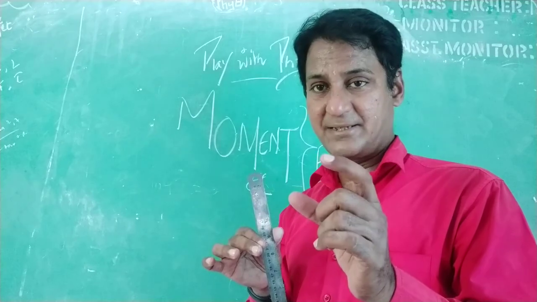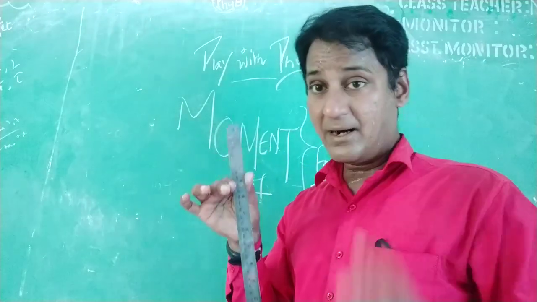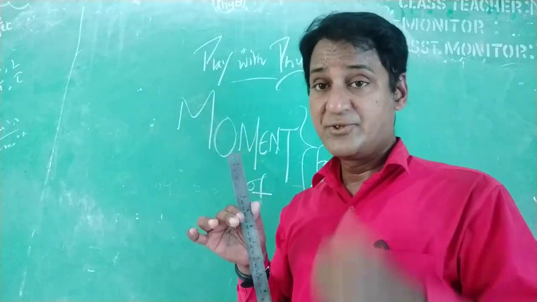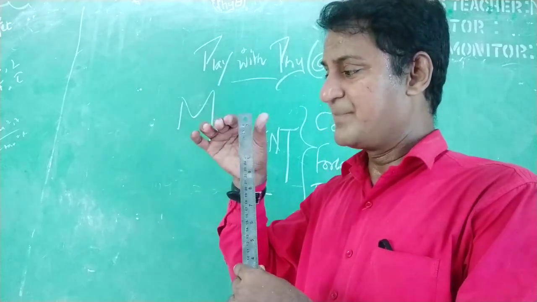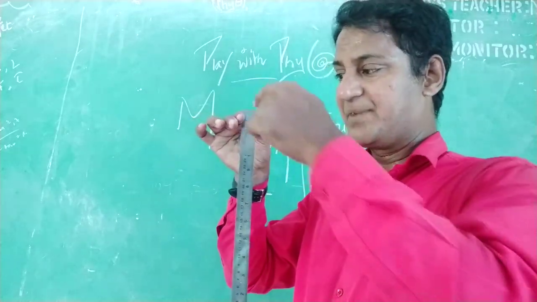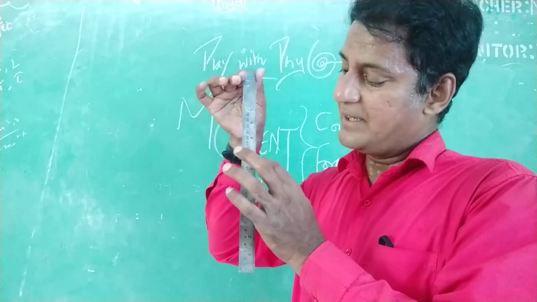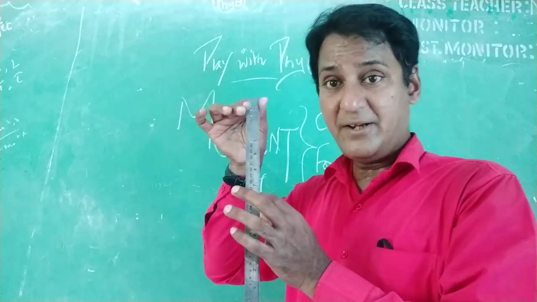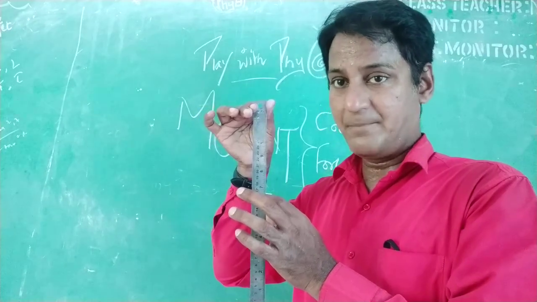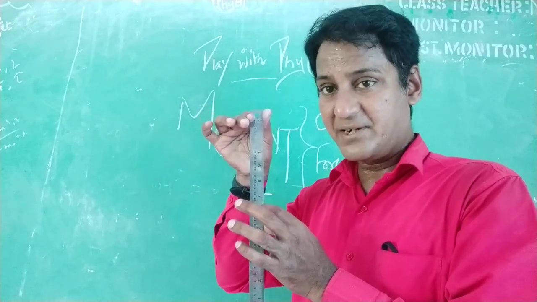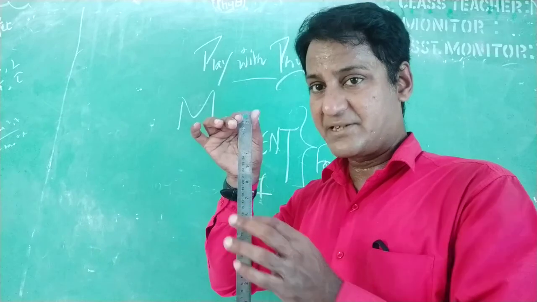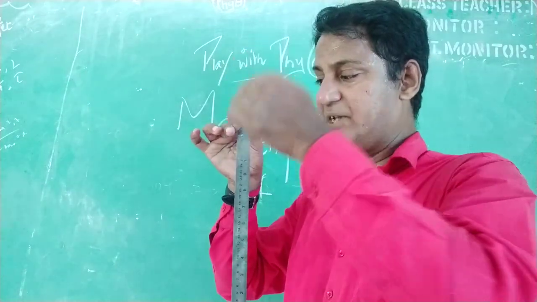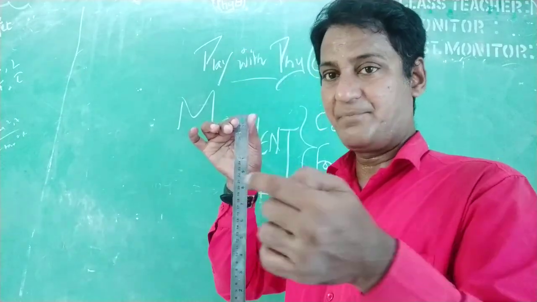M is the mass of this body, and r is the radius of gyration. For example, if I hold the scale at this point and this is the axis of rotation, and the midpoint of the scale is the center of gravity of the scale, then the radius of gyration is the perpendicular distance between the axis of rotation and the center of gravity of a body.